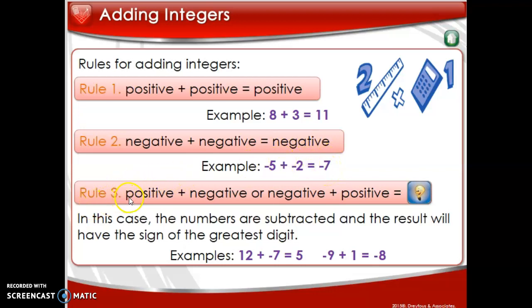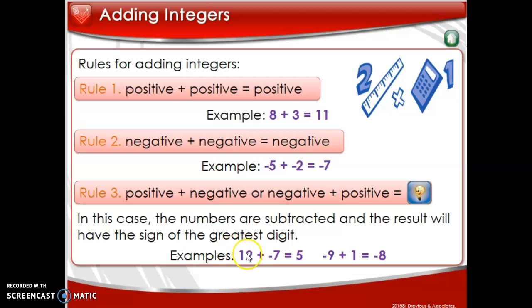Rule number 3. If the terms are different, positive plus negative or negative plus positive, in this case the numbers are subtracted. And the result has the sign of the greatest absolute digit.